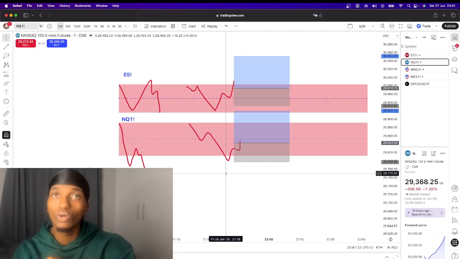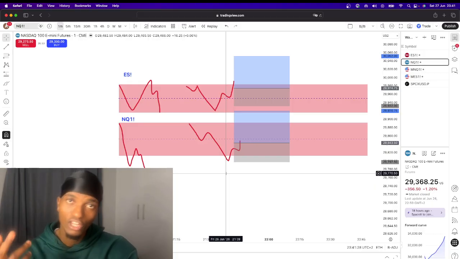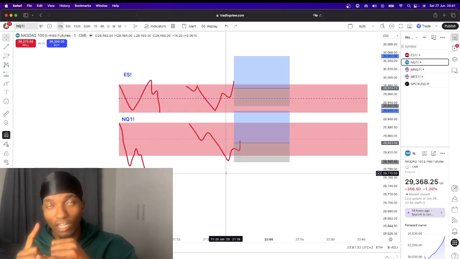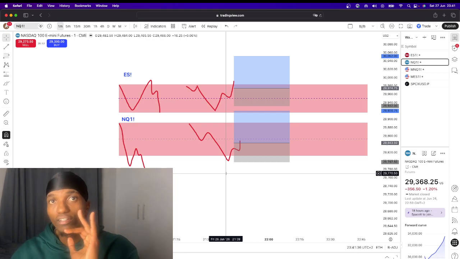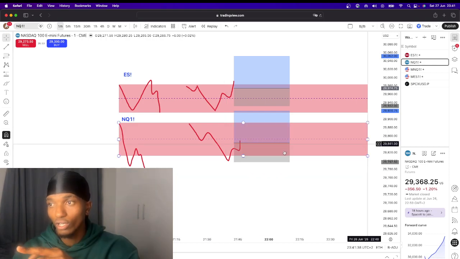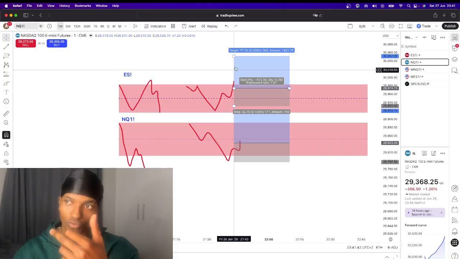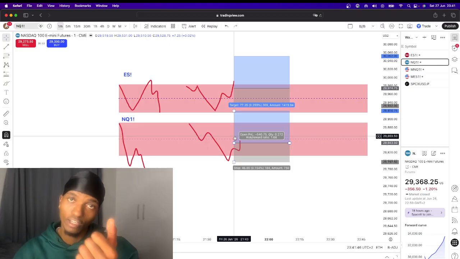So that's one reason why you should use an SMT to know which index to take trades out of, because again on ES you'll hit your take profit way faster than you would on Nasdaq in this case. Why? Because it is leading upwards, meaning it is moving fast to your take profit, right?